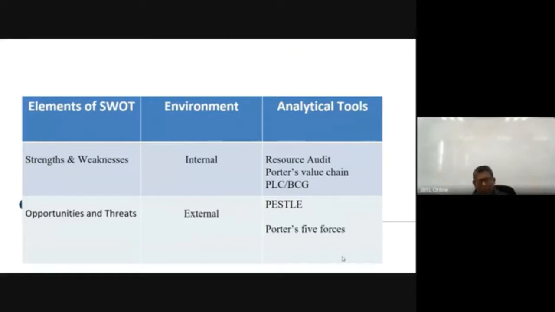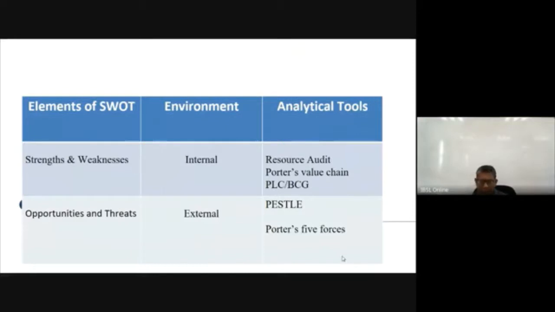What are the analytical tools we may use to identify opportunities and threats prevailing in the external environment? So therefore, we are going to discuss now, through the SWOT analysis, using different analytical tools to understand the organization's present position.